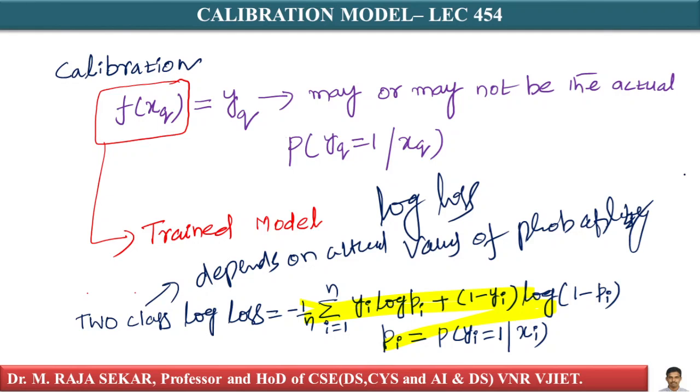I will repeat. Remember this formula, this log loss, which we use a lot in machine learning, depends on the actual value of the probability, where your yi is 0 or 1. If I get my probability value wrong, this whole log loss we compute is wrong.